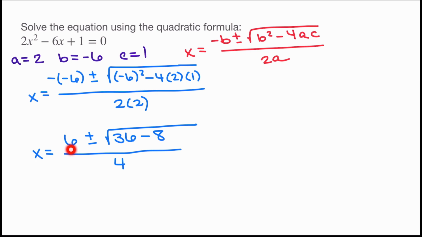This becomes positive 6, plus or minus negative 6 squared is positive 36, minus 4 times 2 times 1, so minus 8, all over 4.